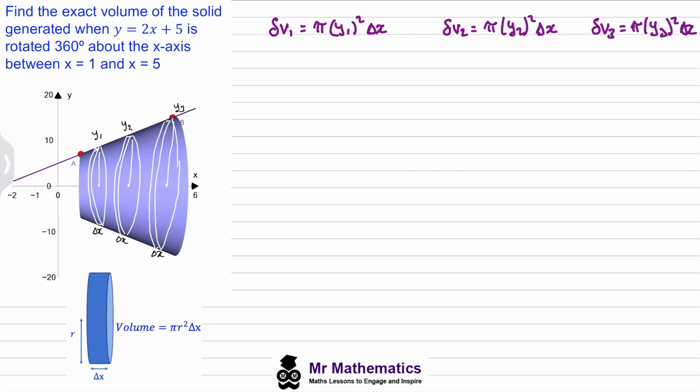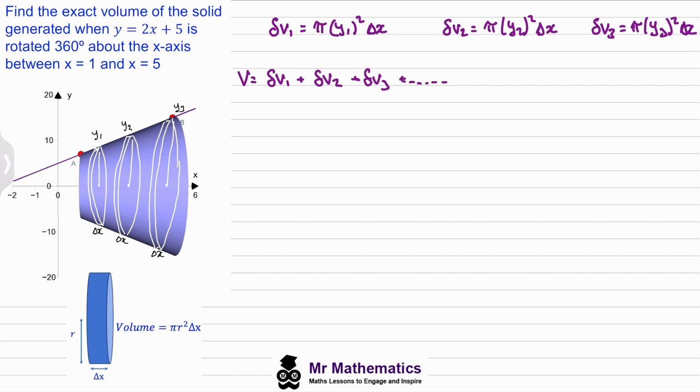So the entire solid will have a volume of delta v1 plus delta v2 plus delta v3, and remember that this is full with an infinite number of these very tiny disks. So this will continue forever.